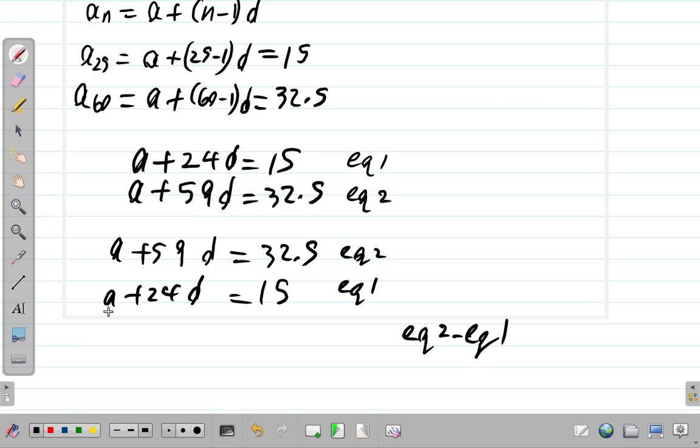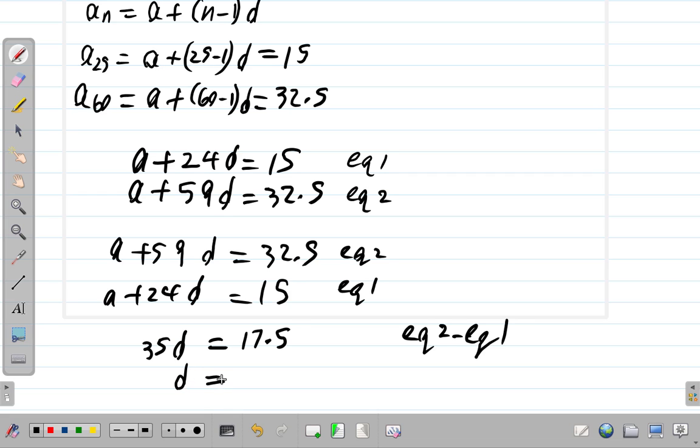And you say 59D minus 24D. That would give you 35D equals, and you say 32.5 minus 15 would give you 17.5.